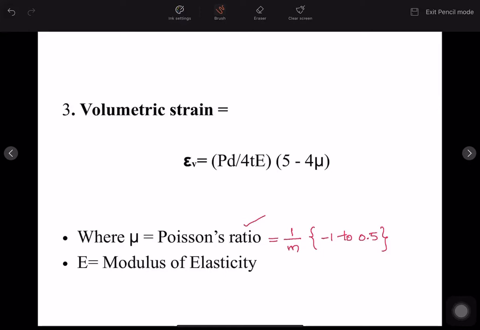Epsilon V is the volumetric strain, the third type of strain which we will be discussing. In the last class I mentioned how we get the volumetric strain because of change in diameter and change in length.